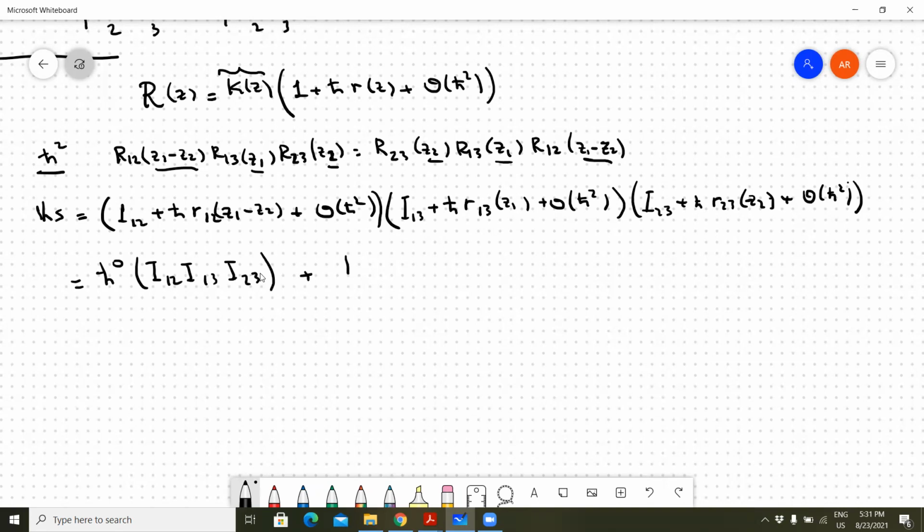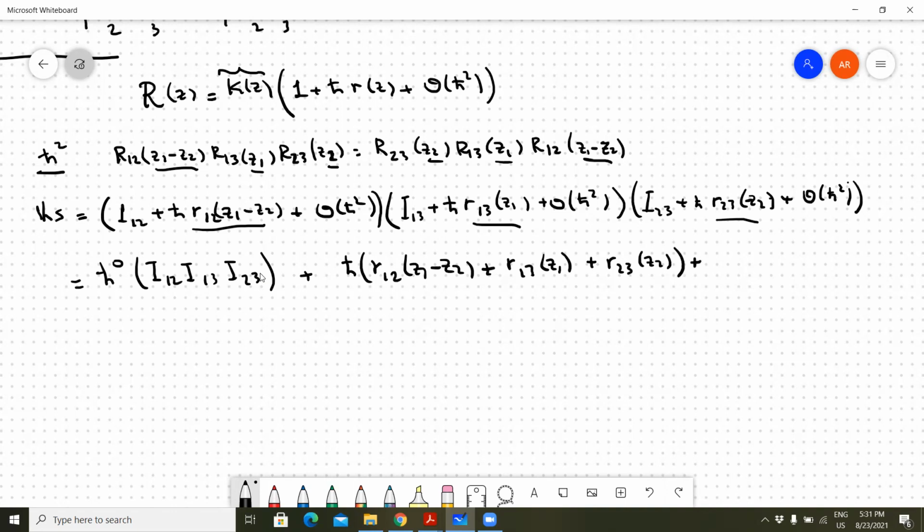In order h bar, we'll have the term where each of these multiplies only identity and identity. This gives R12 of Z1 minus Z2 plus R13 of Z1 plus R23 of Z2.